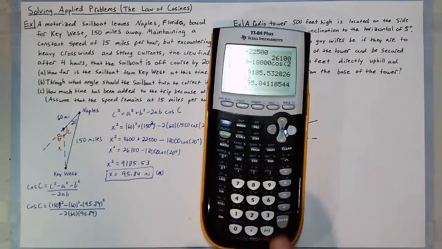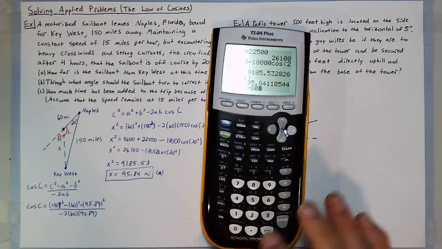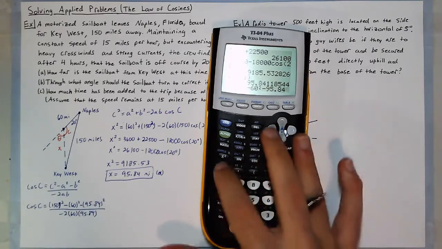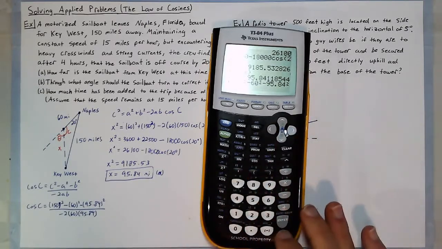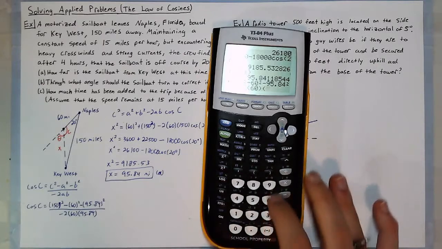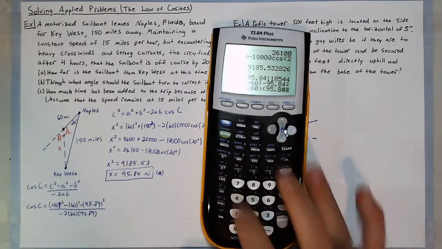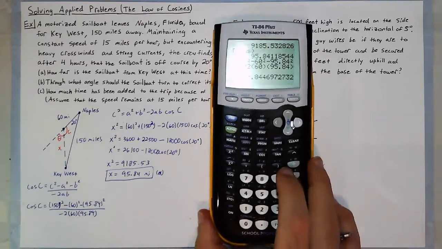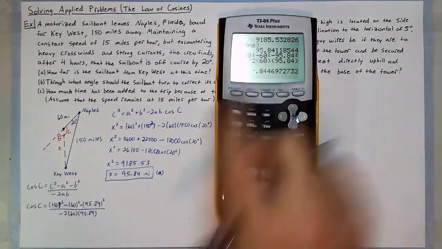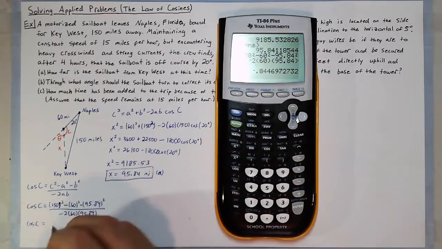Making sure I type all of that in correctly, now I get cosine of C is equal to negative 0.845.